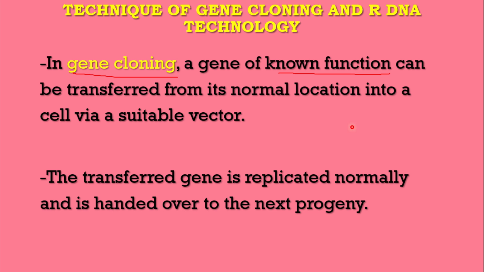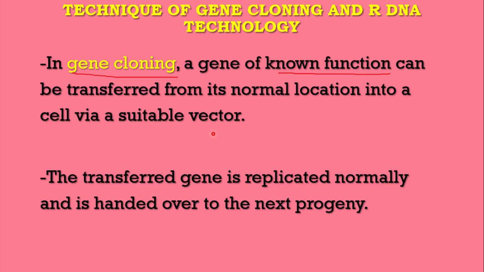Suppose one person's body does not have the gene responsible for the formation of insulin. Suppose a diabetic person is there, suffering from diabetes, meaning the insulin is not properly getting secreted.